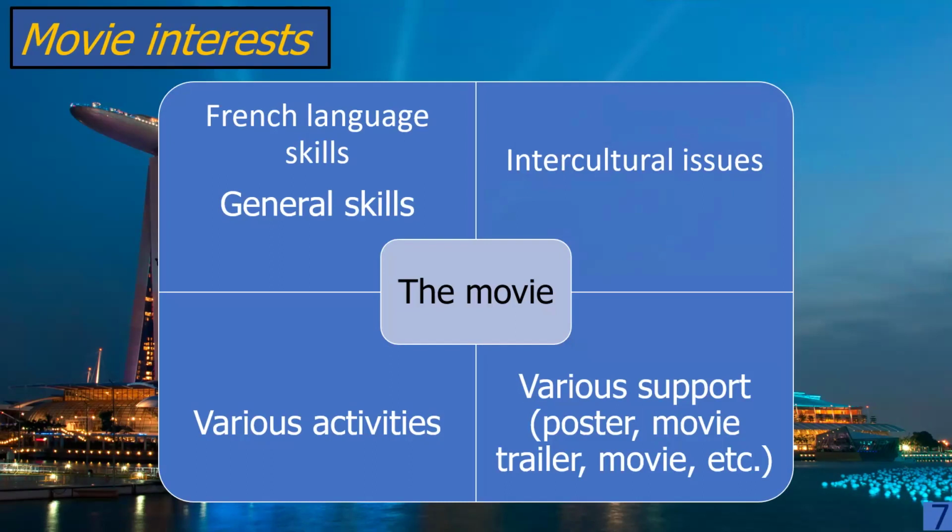By using different supports, poster, movie trailer, and watching the movie during or outside the class, you can improve your students' investment. And not only for foreign language, you can also use it with sociology, psychology, philosophy.